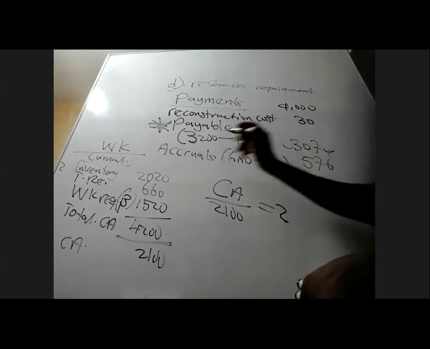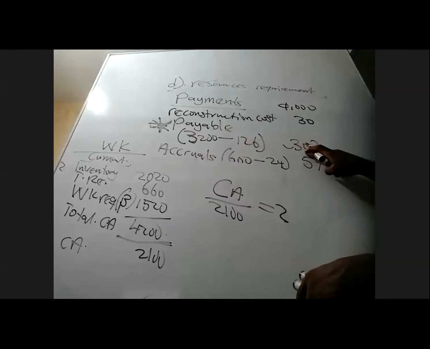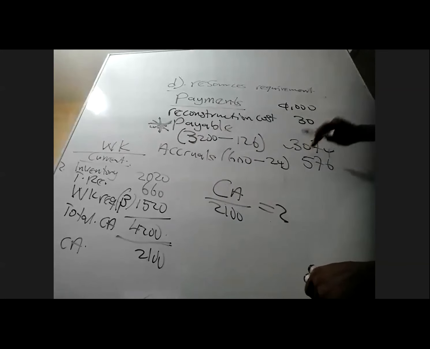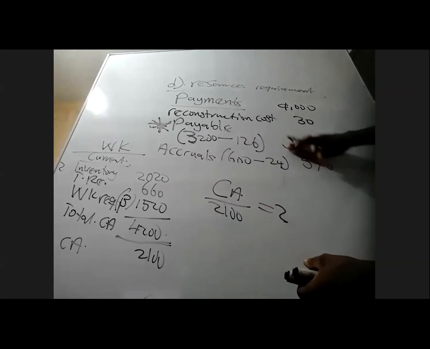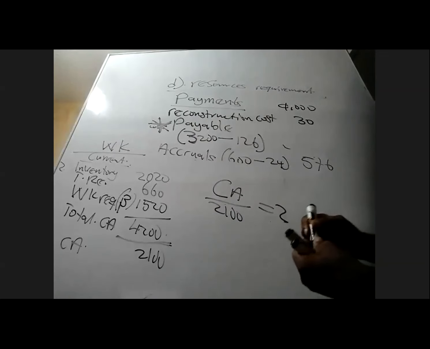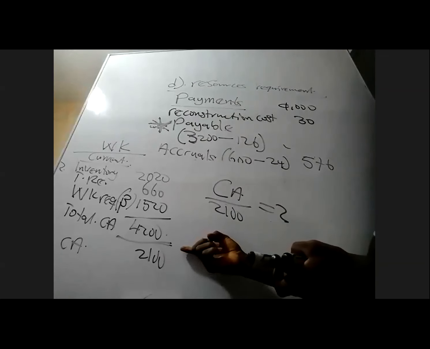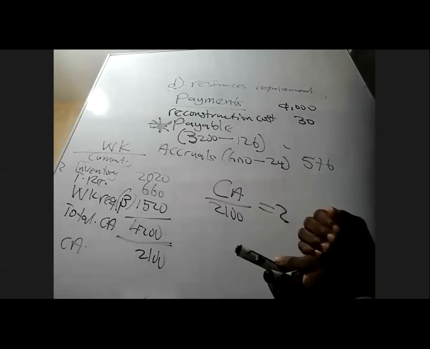So the account payable is 3,200. They are paying 126. So left with this amount, we say we are paying. Assuming that you are not going to pay, all you have to do is you clean it from here. So it shouldn't even come here at all because it will still be there. You are not paying it. So you add it to the current liability that you have after the revival.